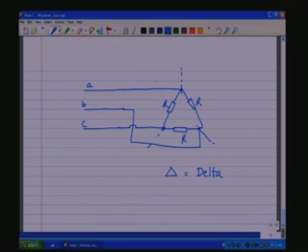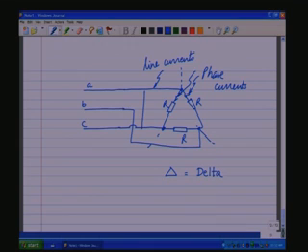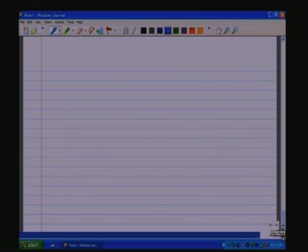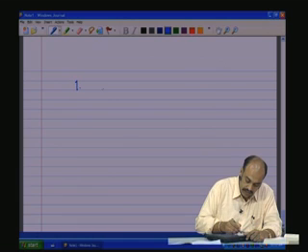In this case, phase voltage, line voltage is the same. You have the line currents which are flowing in the lines, phase currents which are flowing in the phases here. Let us say this is the phase currents, line currents, phase voltage, and so on. So, in general we have two major types of circuits.